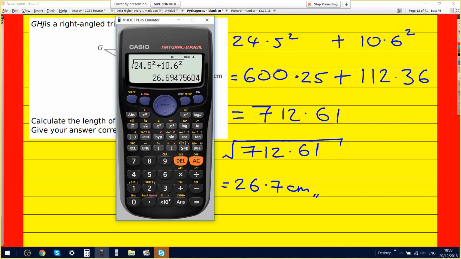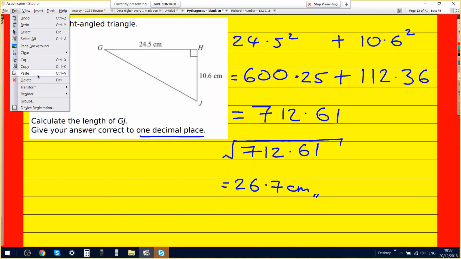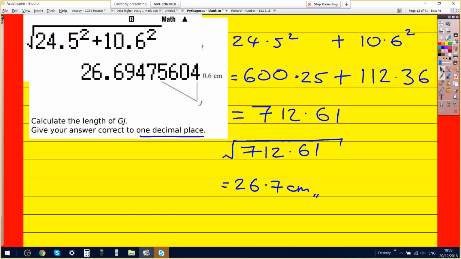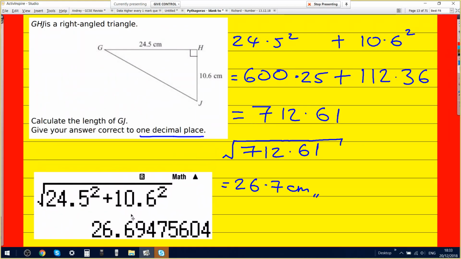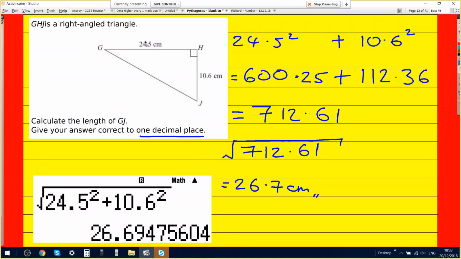So in one go you can get the answer. So if you just put in a square root right from the very start, one side squared plus the other side squared, all in a square root, that gives you the answer.